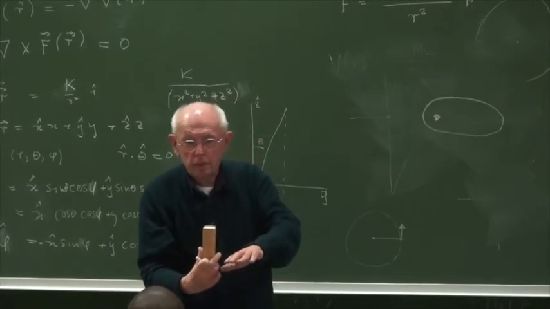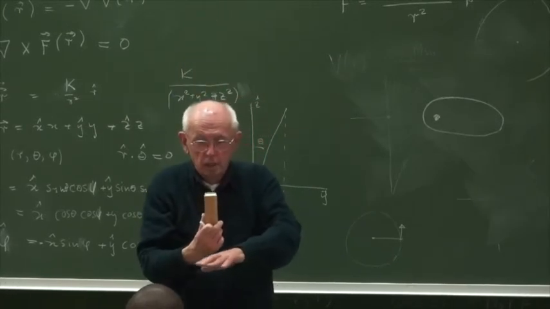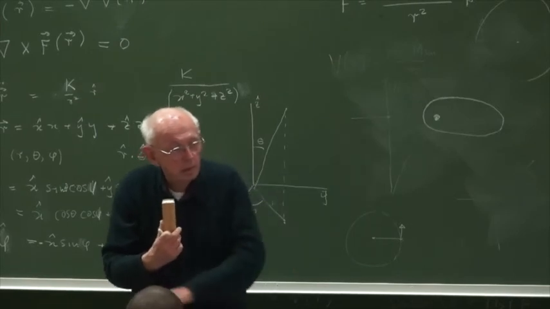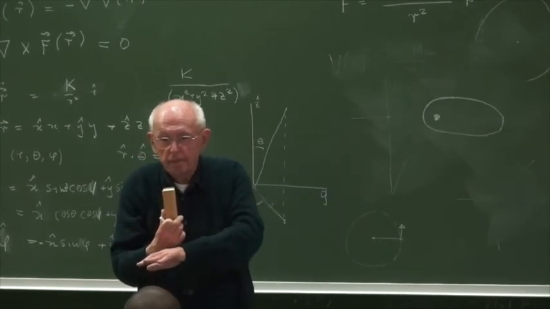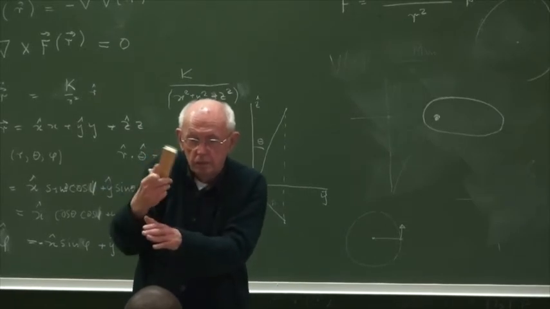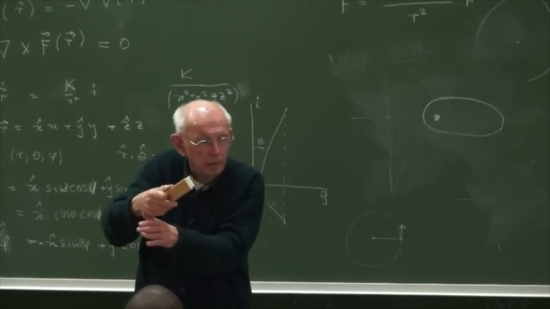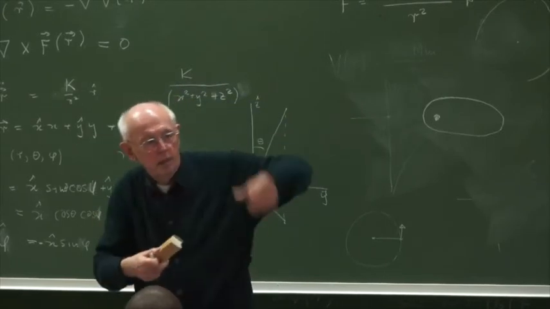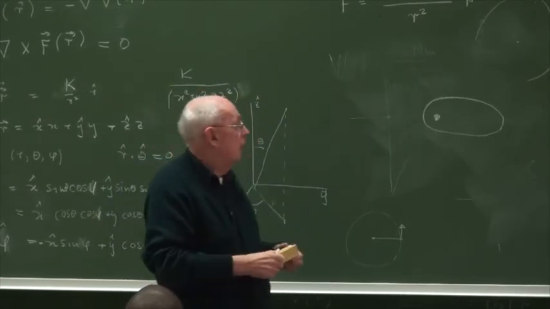But if the angular momentum is defined in this way, then it has to move in this way. And to turn it, you have to put in a lot of angular momentum, change the angular momentum direction, to get it to run something like this.